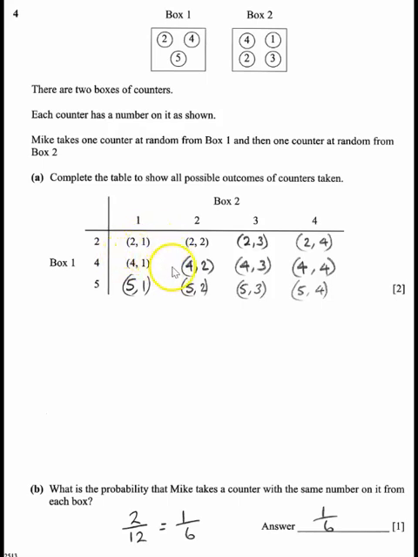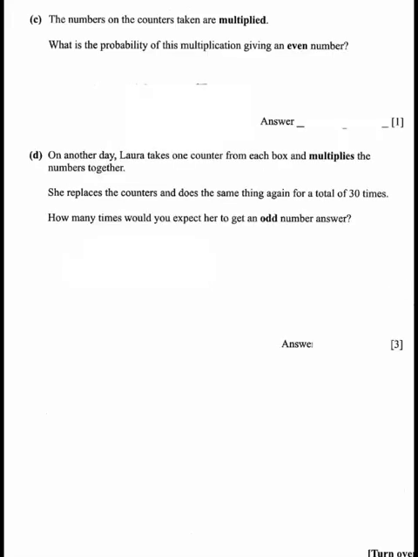So the only 2 that are going to be odd when you multiply together are 5 and 1 and 5 and 3. So that means you're going to have 10 out of 12 that would be even. And that's your answer there, 10 out of 12, and we cancel that down. We divide by 2, top and bottom, to cancel that one down.